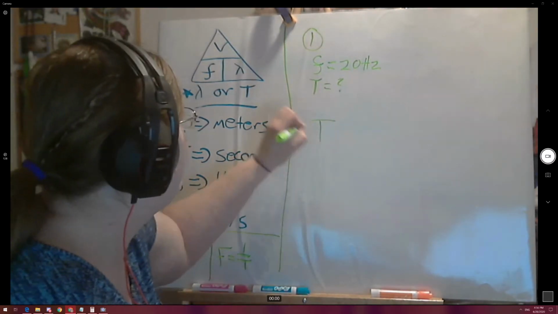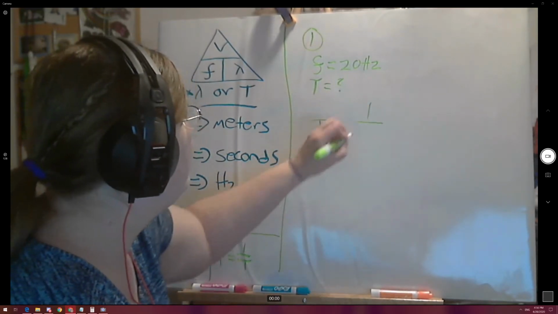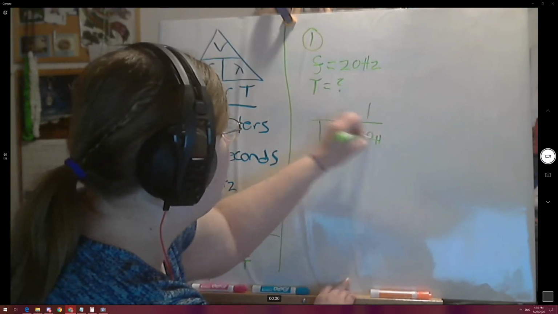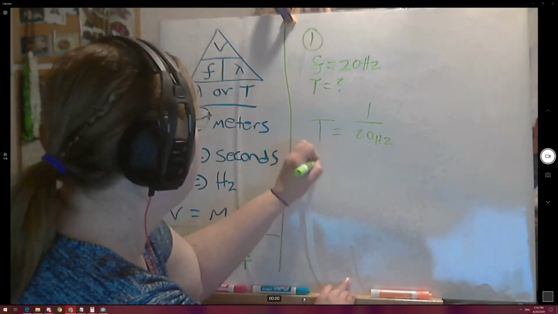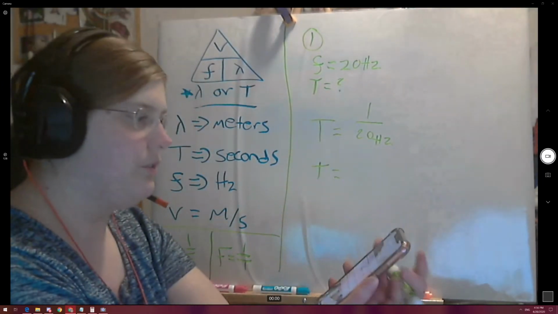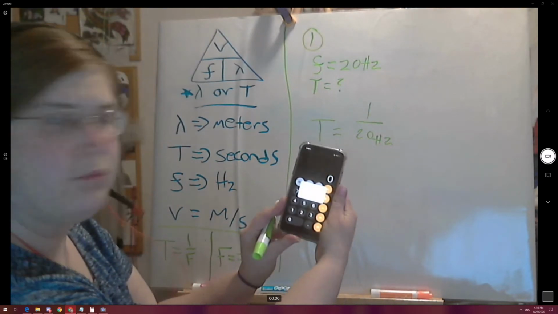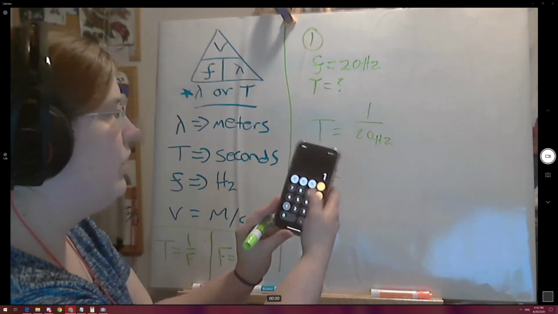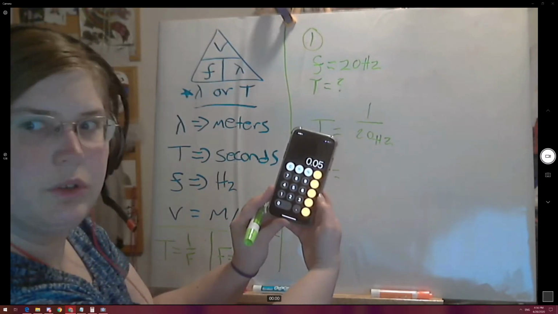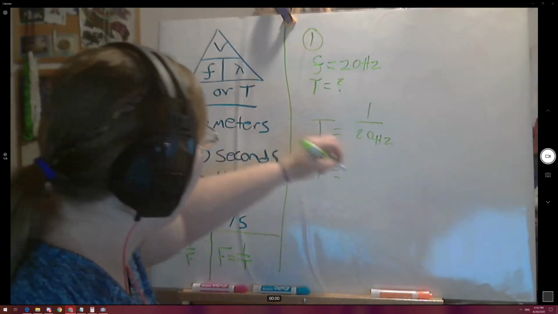So we're going to plug that in. T equals 1 over 20 hertz. Plug that into a calculator, so I'm going to use my phone here. 1 divided by 20 equals 0.05.